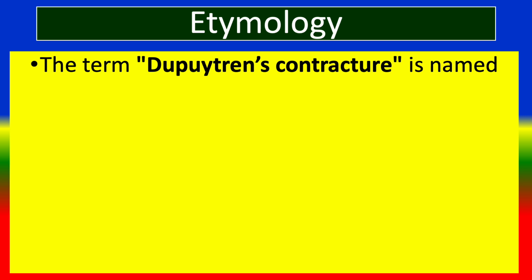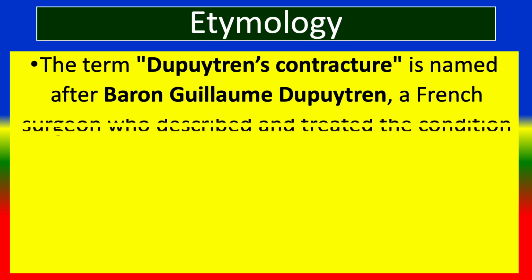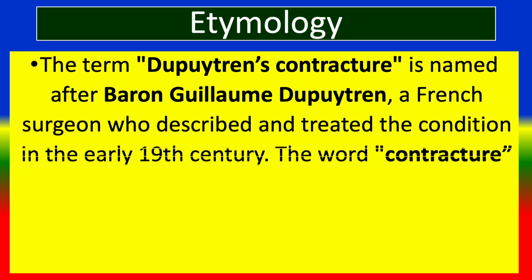Etymology. The term Dupuytren's contracture is named after Baron Guillaume Dupuytren, a French surgeon who described and treated the condition in the early 19th century.